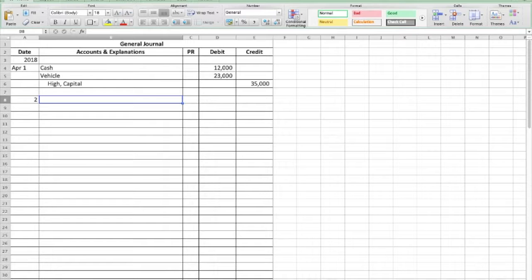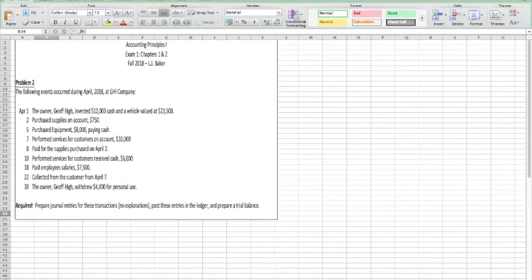The business now has more supplies, so I need to debit the supplies asset account for $750. I purchased them on account, which means I now owe more money, so I credit accounts payable. Accounts payable is a liability. I owe more, so that liability goes up with a credit. A debit to supplies and a credit to accounts payable records journal entry number 2.